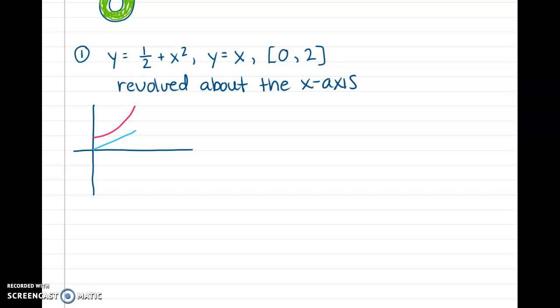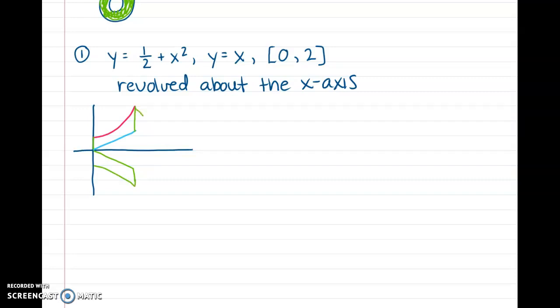Then for our solid, we'll take this region and reflect it, so it'll look like that.